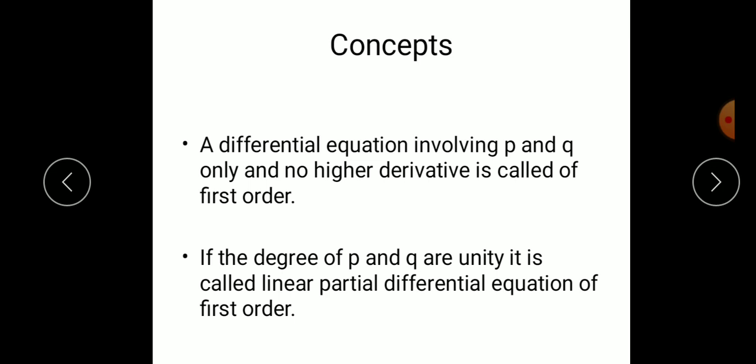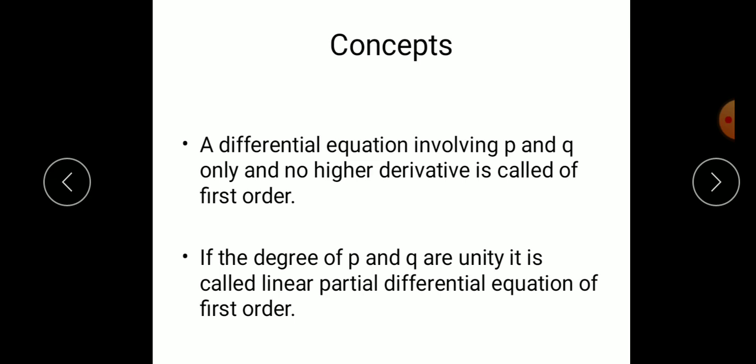So there are some standard notations. Del z by del x is equal to p, del z by del y is equal to q, del 2z by del x square is equal to r, del 2z by del y square is equal to t, del 2z by del x del y is equal to s.